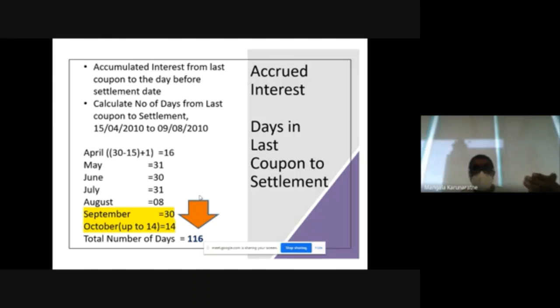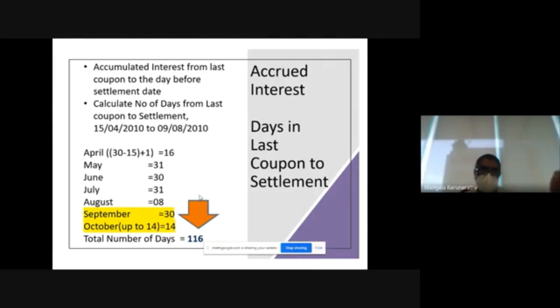So I am entitled from 15th April to 8th August, right? So that entitlement should be paid to me by someone else. Now the buyer could say, okay, when I get the coupon I will pay you, because he has not got the coupon yet and will be getting that money in future.